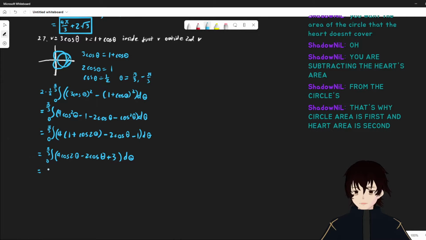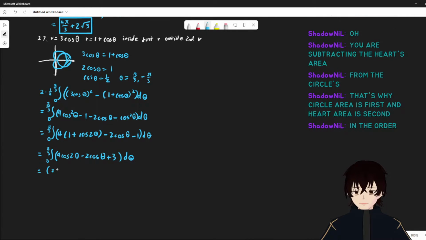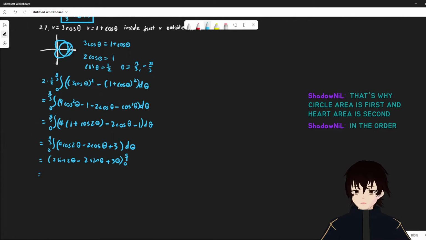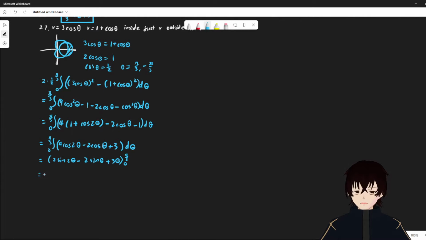Which is equal to 2 sine 2 theta minus 2 sine theta plus 3 theta from 0 to pi over 3. Plug in 0 we get nothing, therefore plug in pi over 3 we get sine of 2 pi over 3. 2 pi over 3 is how many degrees? 120. So it should be root 3 over 2, right? Just double check.